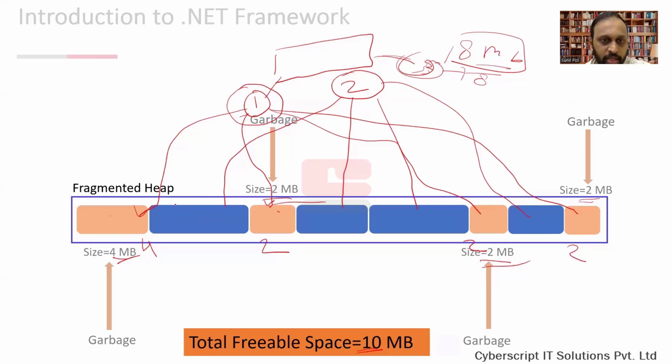So to avoid this, garbage collector will delete these objects from the memory and shift down these live objects to the older memory location. So at the end, we will get 10 MB of continuous freeable space for application root 3.